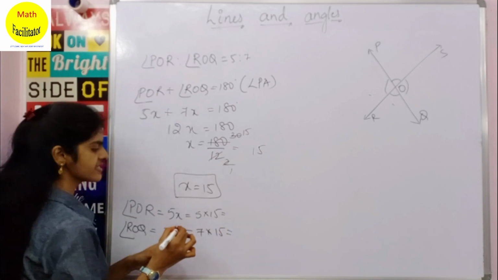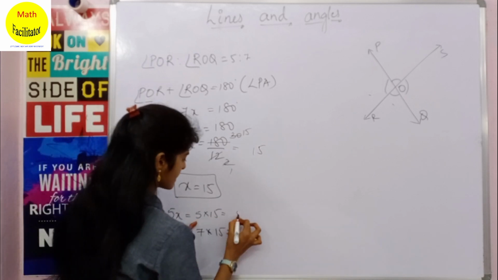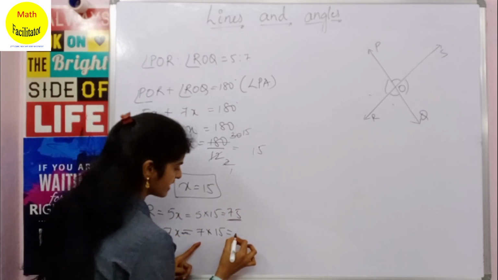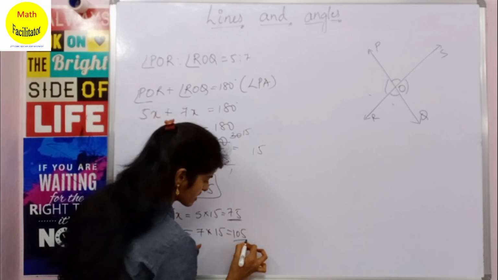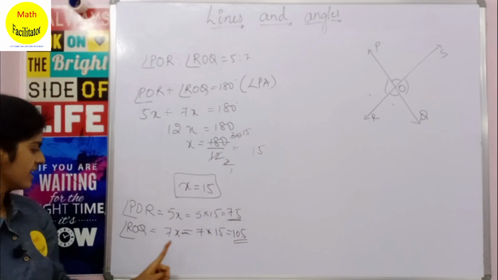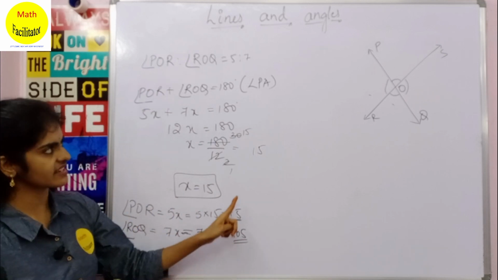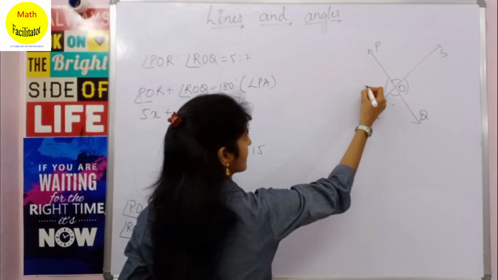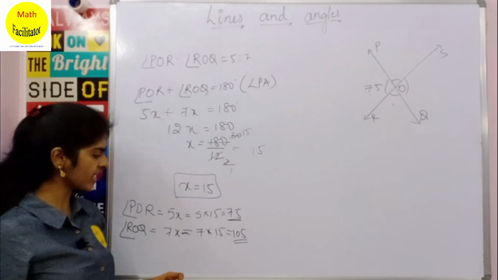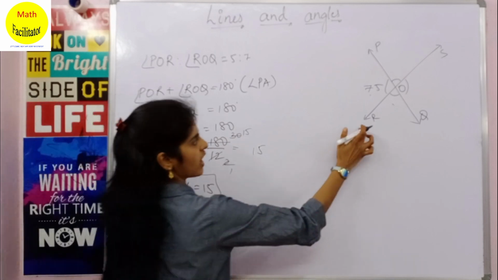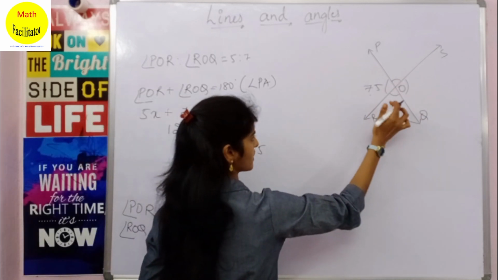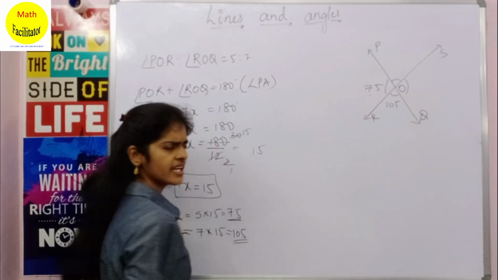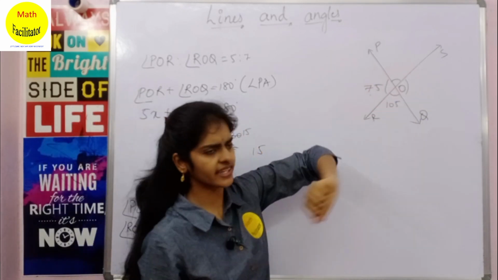So 5 5s are 25, and this is 75, and here it is 105. So POR is 75. This angle is 75. Now angle ROQ, this angle is how much? It is 105.